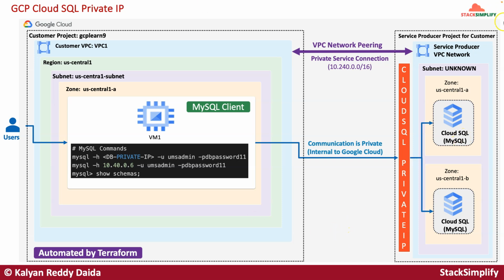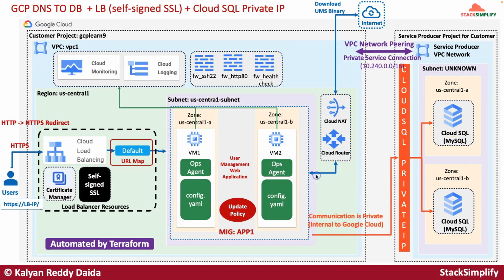So that we are going to implement as part of this demo, and from there we'll move on, and again we'll implement two demos for DNS to DB with Cloud SQL private IP, with LB self-signed SSL, or with Cloud DNS with Cloud Domains.